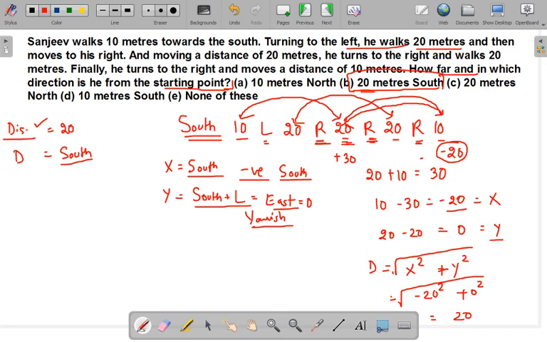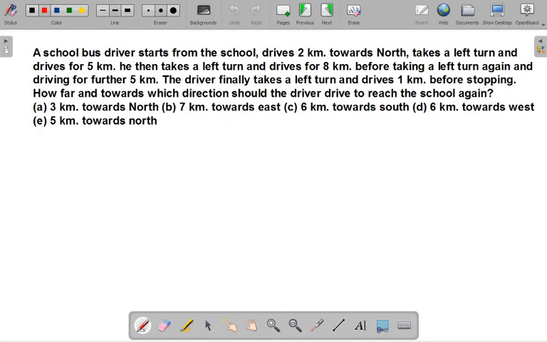Next question. A school bus driver starts from the school and drives 2 kilometers towards north. Takes a left turn and drives for 5 kilometers.